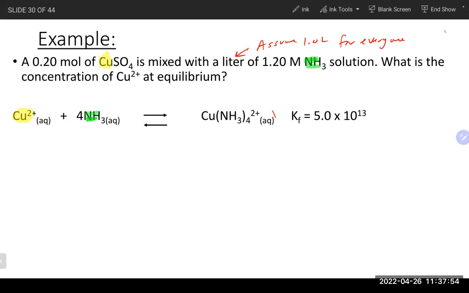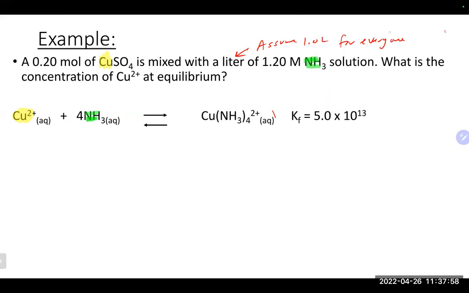In this particular case, when we do these types of tables, we want to start with the concentration of each of these in the mixture together. Since everything is basically 1 liter, we're going to assume that the moles of copper 2 sulfate will be the molarity, so we would initially have 0.2 molar.